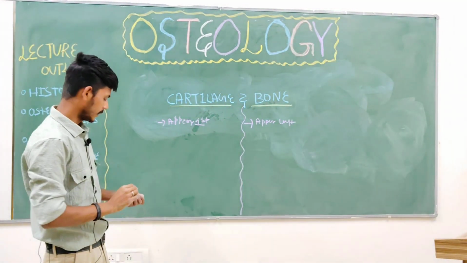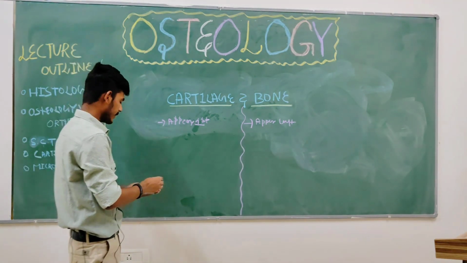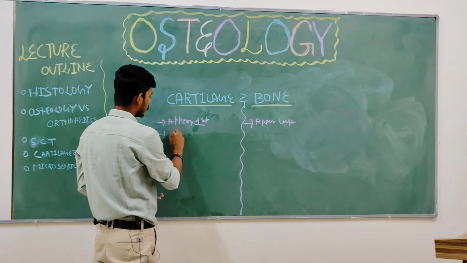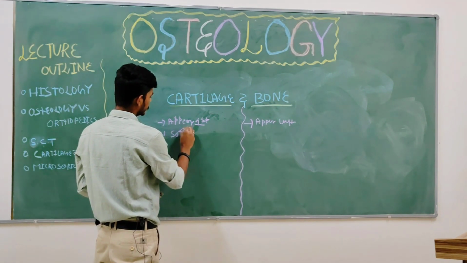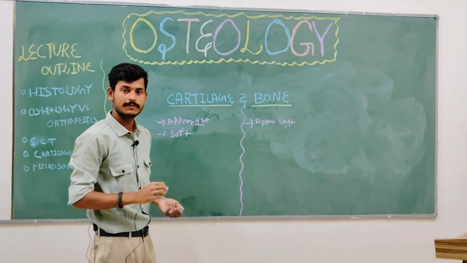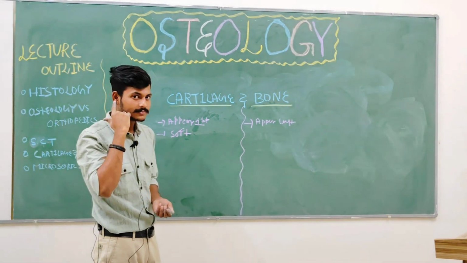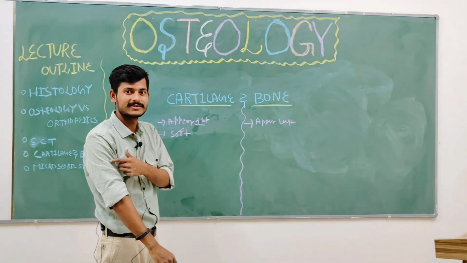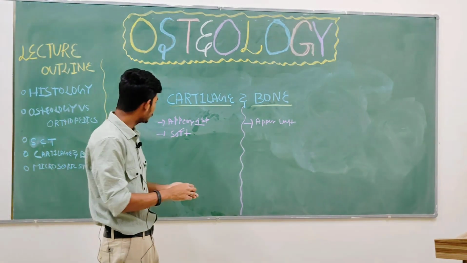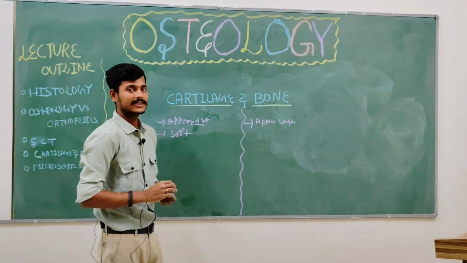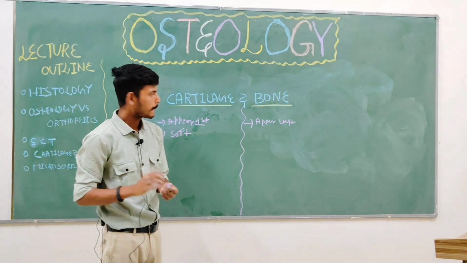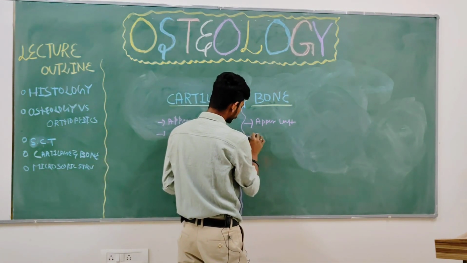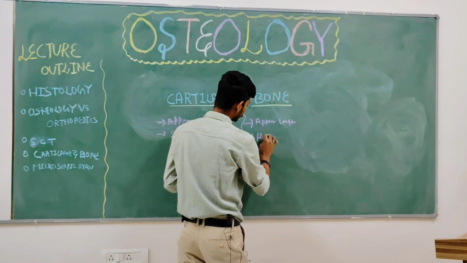Now, the second thing is that cartilage is soft, isn't it? Touch your pinna. Is it soft? Now touch your humerus bone. It's hard. So cartilage is soft, and bone is hard.